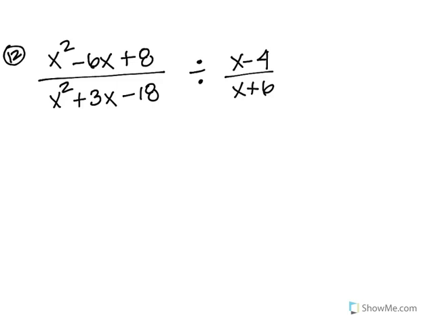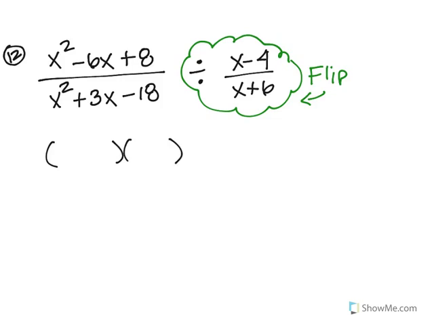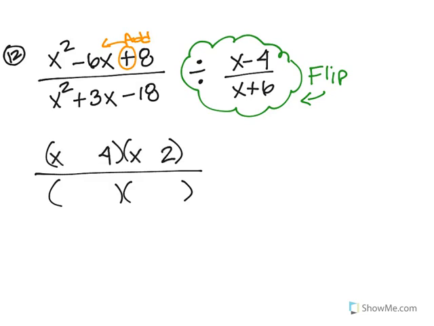So keep in mind with division, you must flip that second one, okay? So I'm going to go ahead and factor this first fraction, and it's trinomials. So it's just straight factoring. On the top, we are adding to get that negative 6. So we're going to have 4 and 2, and both of them negative.